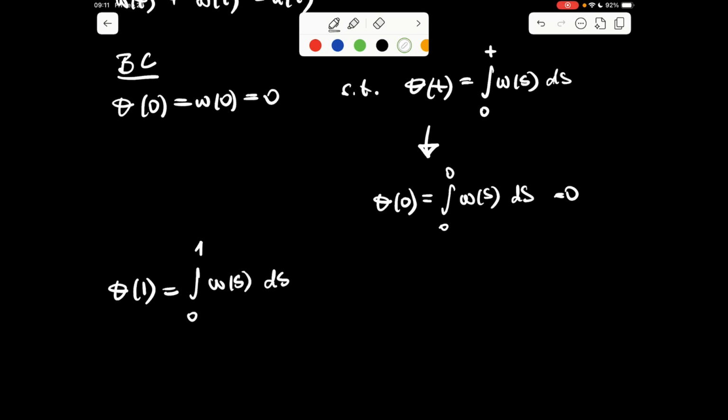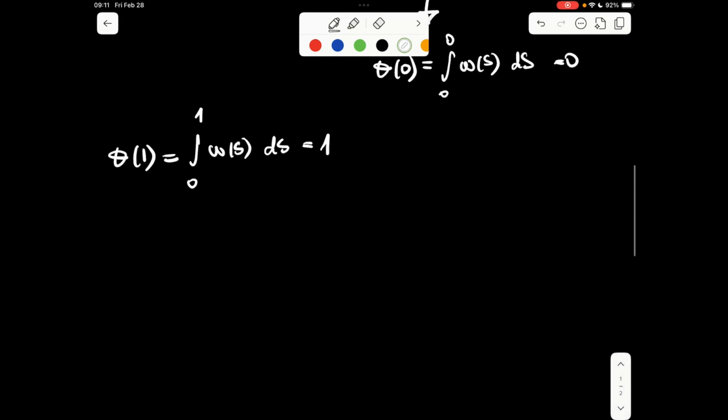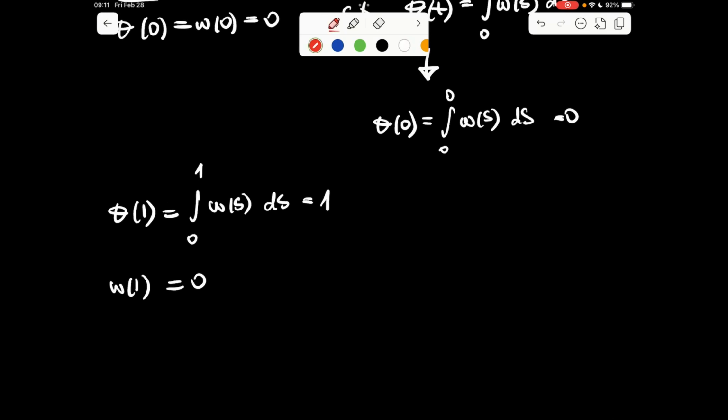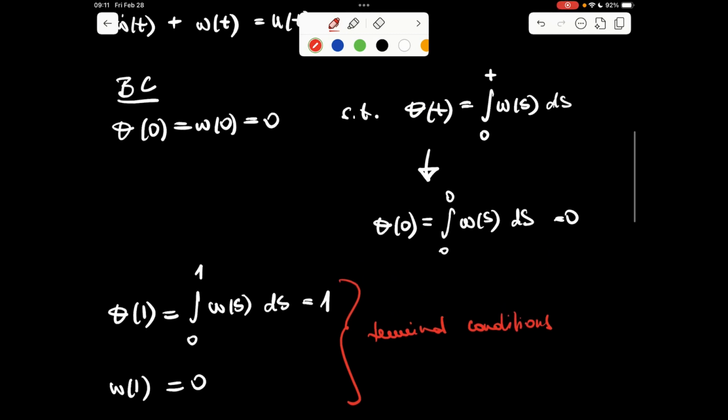So we integrate omega between 0 and 1, and it is equal to 1, plus omega at time 1 must be 0. So these two equations are the terminal conditions, and these two requirements are the initial conditions.